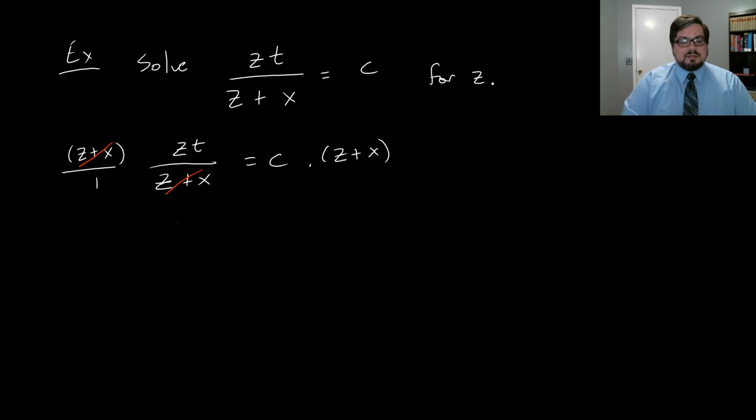So that means that on the left-hand side of my equation, I'll just get zt, and on the right-hand side, I'll get c times z plus x. Now in this case, I will want to distribute this through because I haven't gotten all my z's on one side yet, so I'm going to have to work on that. So zt is equal to cz plus cx.